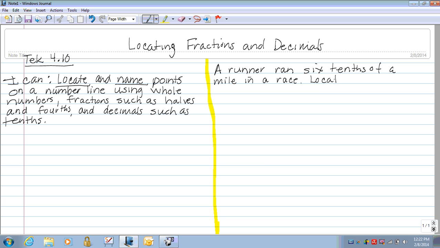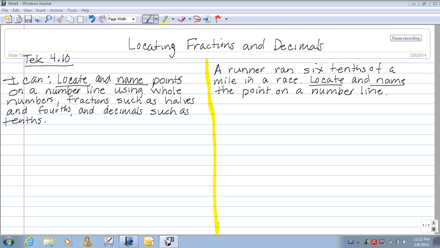Locate, here's that verb, and name, here's the other one, the point on a number line. Push pause. Okay, let's go back and have some prior knowledge.